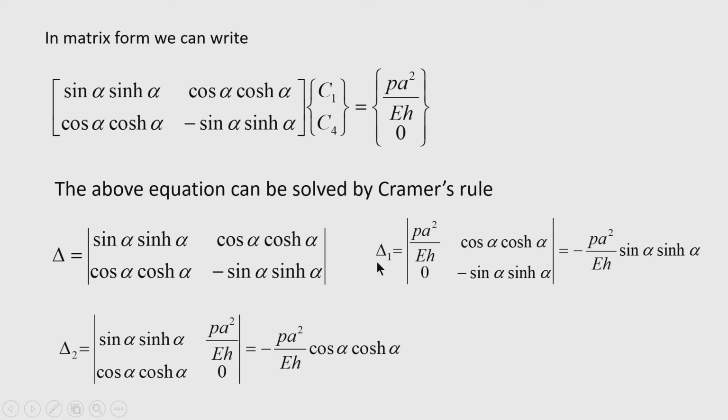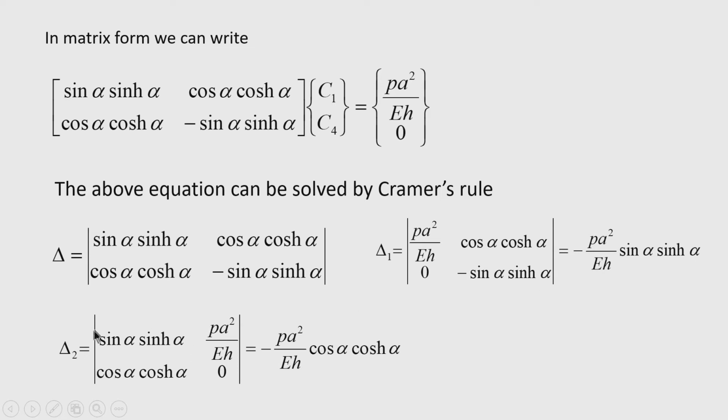Then delta 1 I define as determinant p square divided by E h, cos hyperbolic alpha, 0, minus sin alpha sin hyperbolic alpha, and if I expand this determinant, this expansion will lead to this equation: minus p square divided by E h sin alpha sin hyperbolic alpha.